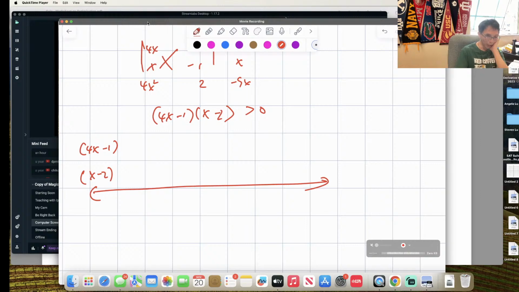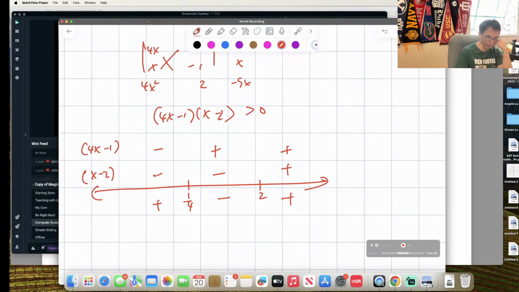Okay. 2 and 1/4. And then you're going to test. So you test something that's less than 1/4, or less than 0. So it's going to be negative, negative, positive. You test 1. It's going to be positive, negative, negative, positive, positive, positive. So it's greater than 0.